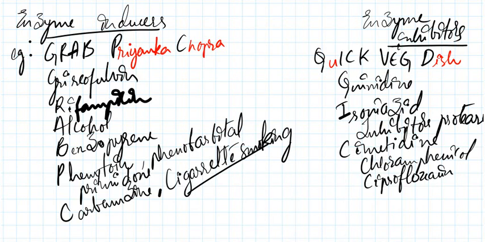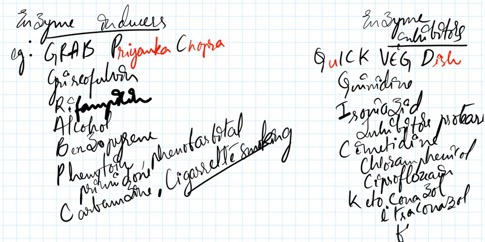Next, K for ketoconazole, an antifungal drug. Ketoconazole, itraconazole, fluconazole, the drug used for candidiasis.